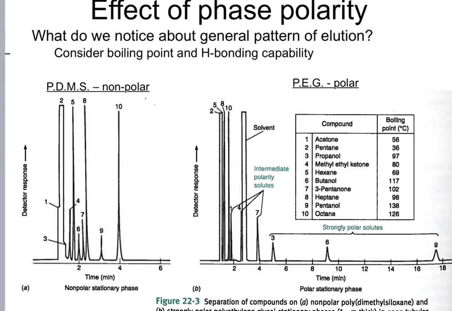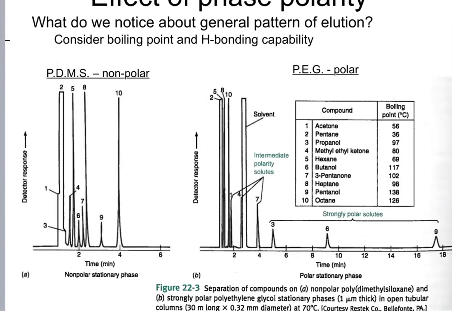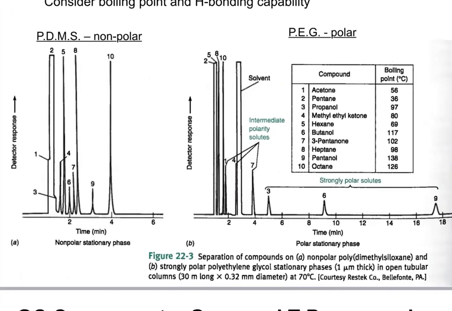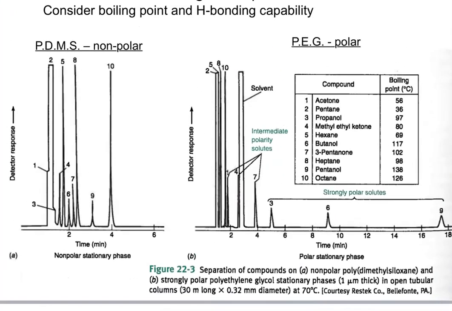Now, this particular slide shows that. So I always like talking about this particular figure. It's really, really cool. What this shows is two separations. Same sample, same exact sample components, just on two different columns. The first column is a PDMS column.